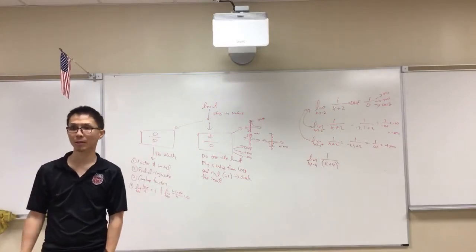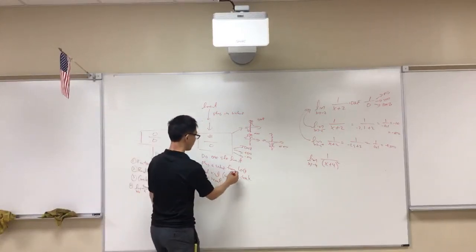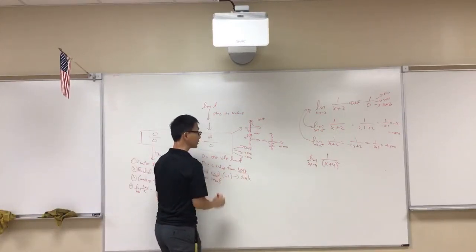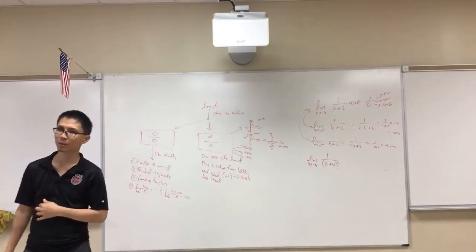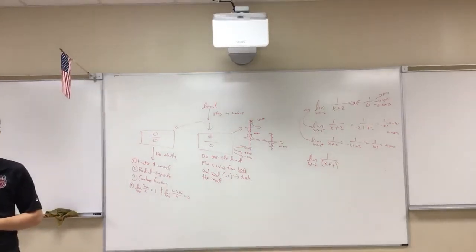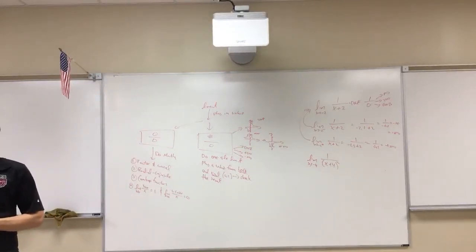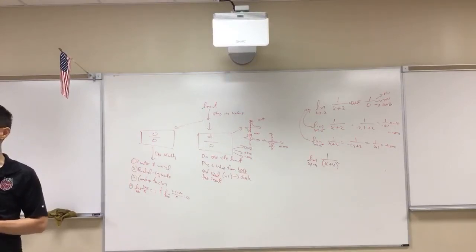Remember, you have to check from both sides. So plug in the value from left and right, and then see what happens. But most of you can think a little bit, you know what it's going to be. But you still have to show me the work on the test though. If you just say, oh yeah, the answer is does not exist, how do you justify that?